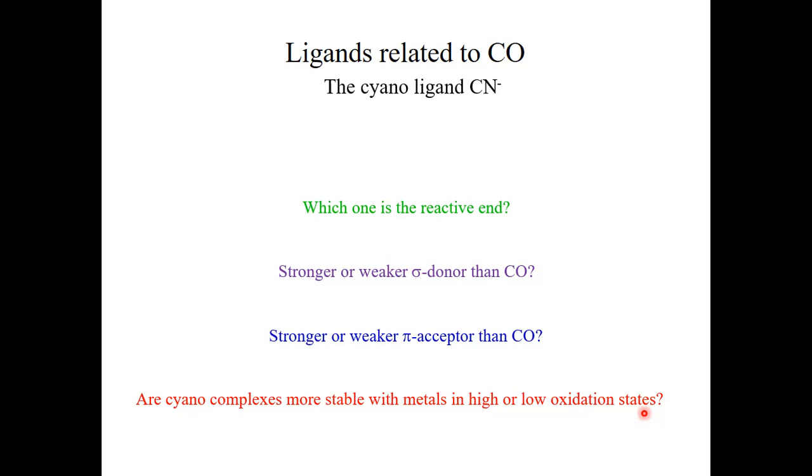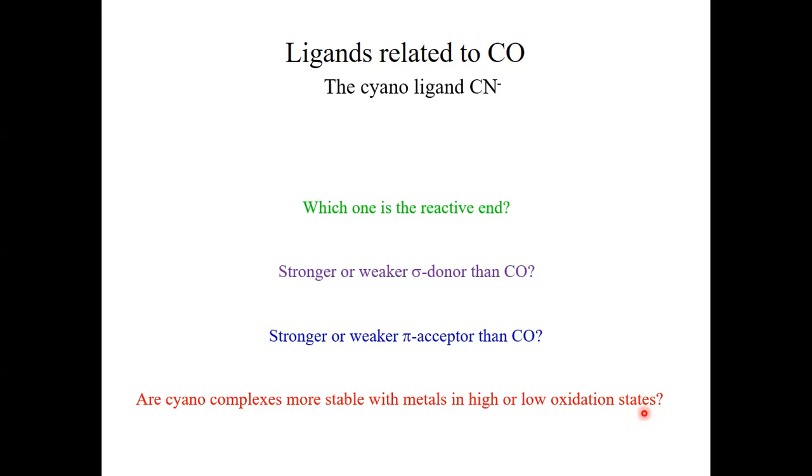That's correct. Yes. Because a higher oxidation state means it has lost more electrons, so it is more capable of accepting the electrons from the cyano ligand. Yeah. So again, there are electrostatic arguments.